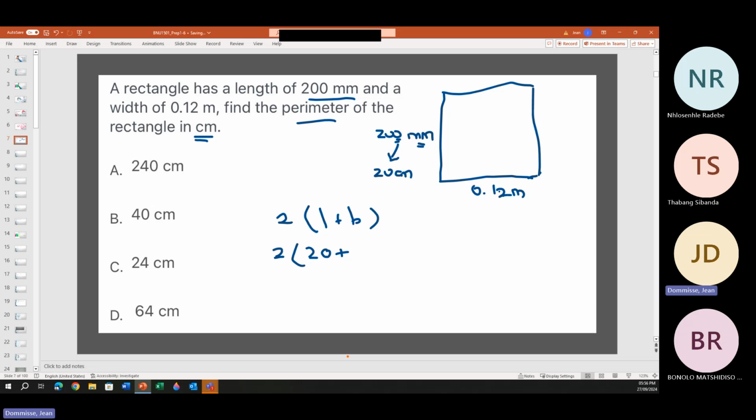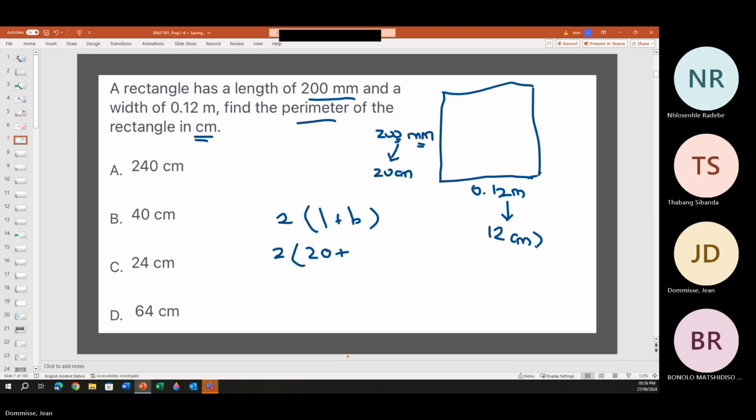Sorry, let me just quickly work that out. 0.12 times 100, so that will become 12 centimeters. Let me just check again.